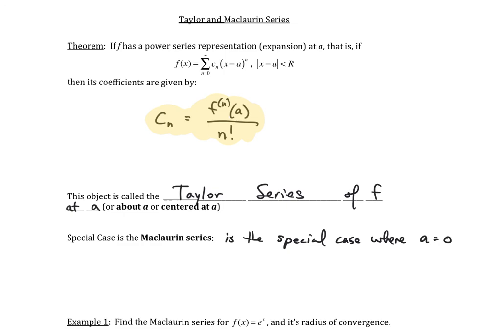So if I wanted to write the Maclaurin series, f of x is just going to be equal to the sum as n goes from 0 to infinity of the nth derivative evaluated at 0, because our a is 0, over n factorial times x to the nth power. So I'm going to highlight this Maclaurin series. This is a special case of a Taylor series. Okay.